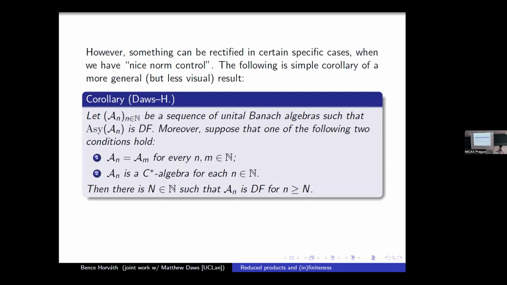Then it turns out that provided that this big object, the asymptotic sequence algebra, is DF, then co-finitely many of the underlying algebras from your sequence will be directly finite. So that's again due to some fairly universal fact that you have very nice norm control in these cases.